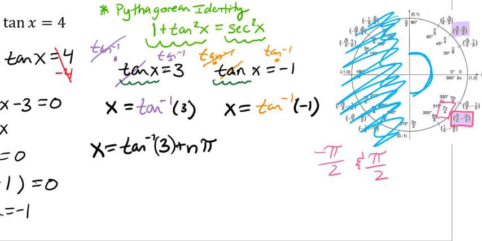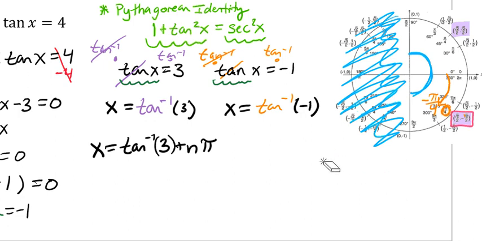And technically 7 pi over 4 is outside of that. But we can get there if we choose to go in a negative direction, making this actually negative pi over 4 for this location.